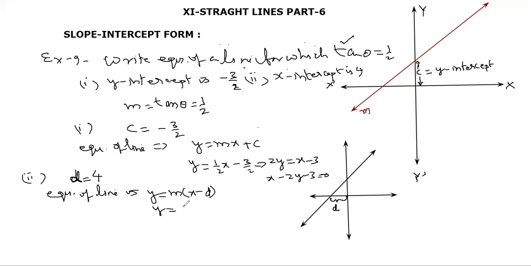Now substitute the values. m is 1 by 2, x minus 4, and 2 will multiply with y, so 2y is equal to x minus 4, or we can write x minus 2y minus 4 is equal to 0, which is the required equation of a line having x intercept 4 and gradient 1 by 2.